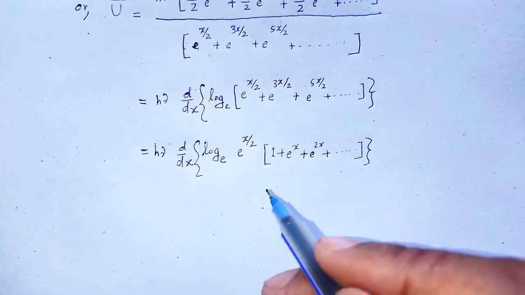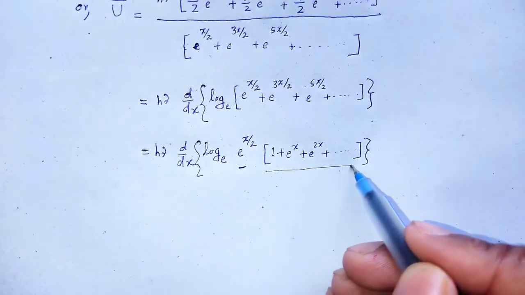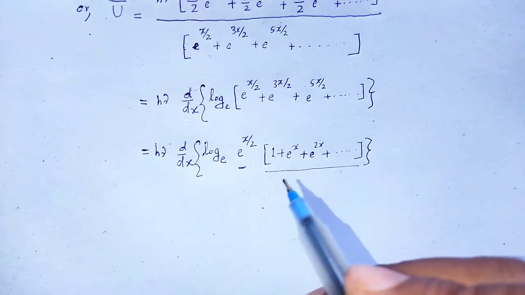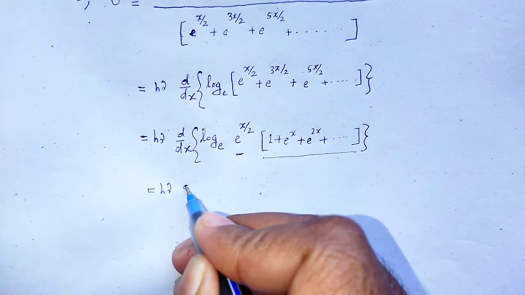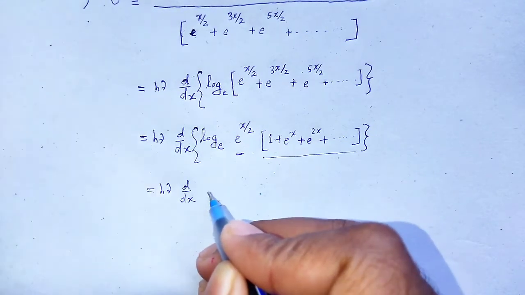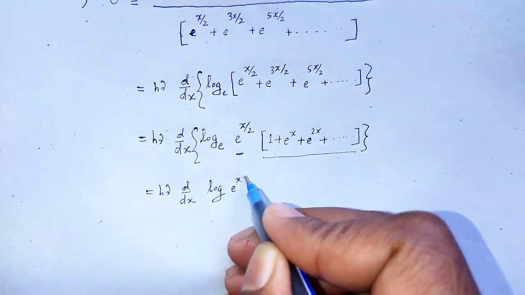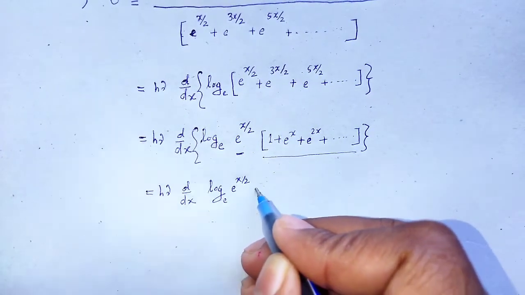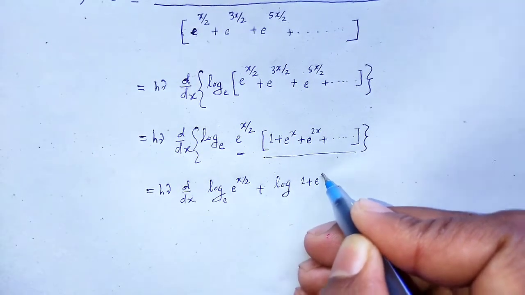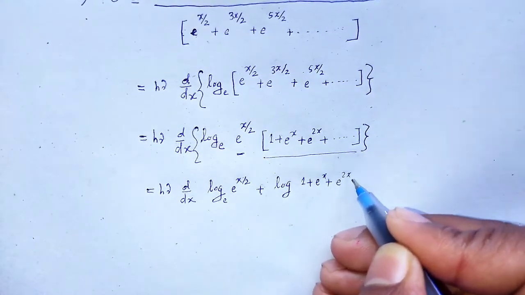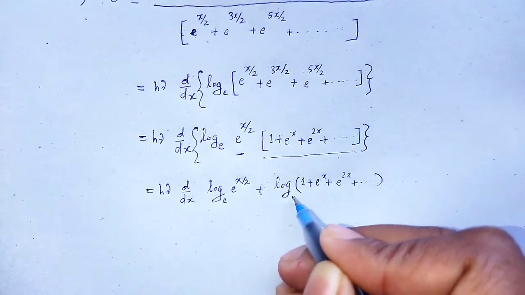Next, using the formula log a plus log b, this is equal to h nu d by dx of log e to the power x by 2 base e plus log of 1 plus e to the power x plus e to the power 2x plus dot dot dot base e.